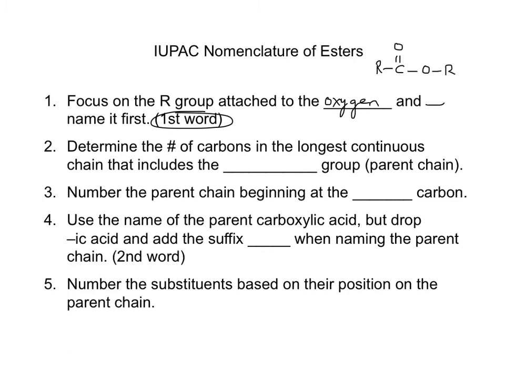This first one is going to be the name of that alkyl group. Then we're going to go ahead and name the actual parent part. We'll determine, as usual, the number of carbons in the longest chain containing the, wait for it, carbonyl group. We'll begin the numbering at the carbonyl carbon.